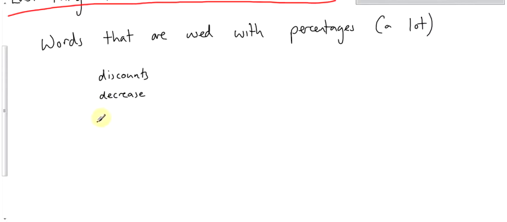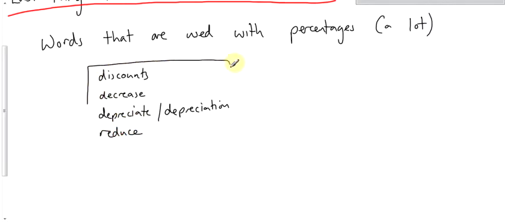When you're talking about cars, you normally see the word depreciate or depreciation. So those are both words that are used to mean go down. Another one might be reduce. So all these words here, you look out for them, or you might also see the word sale. These are all subtracting or taking away words.